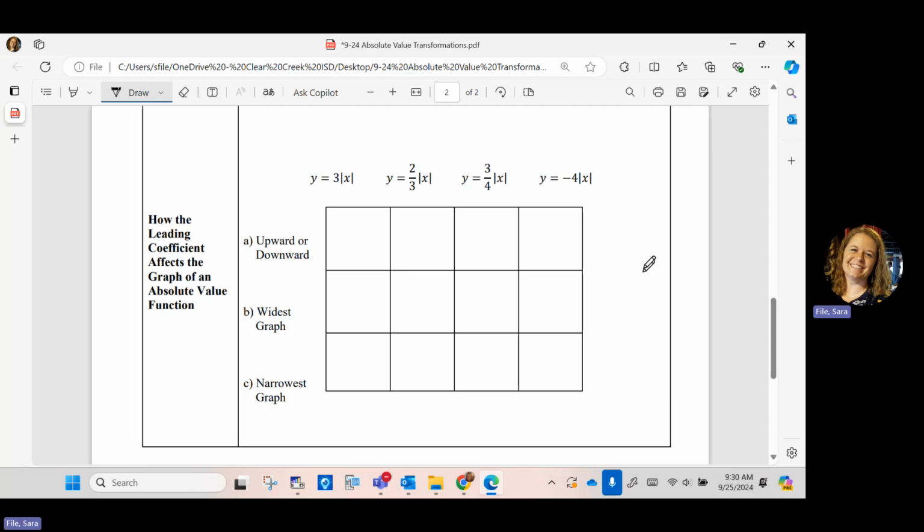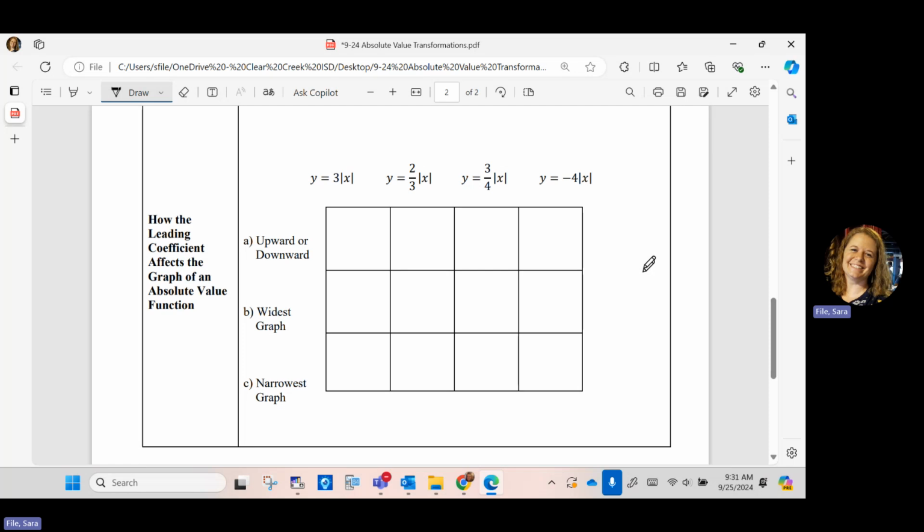We said that it's going to affect the graph by stretching it or compressing it. And we talked about the visual. If I put my hands on top and bottom of the graph and stretch it, it's going to look skinnier. If I compress it, it's going to look wider.